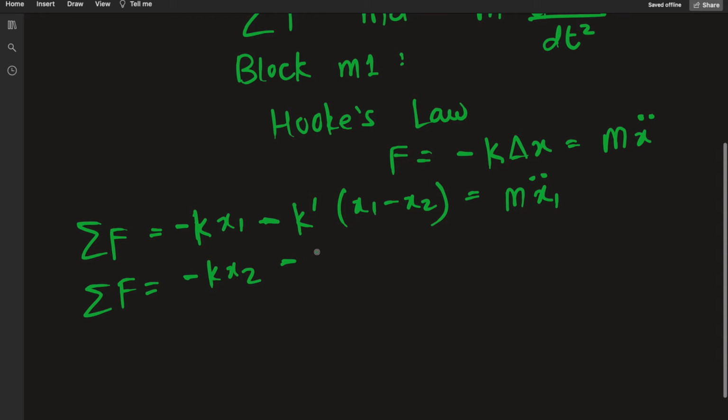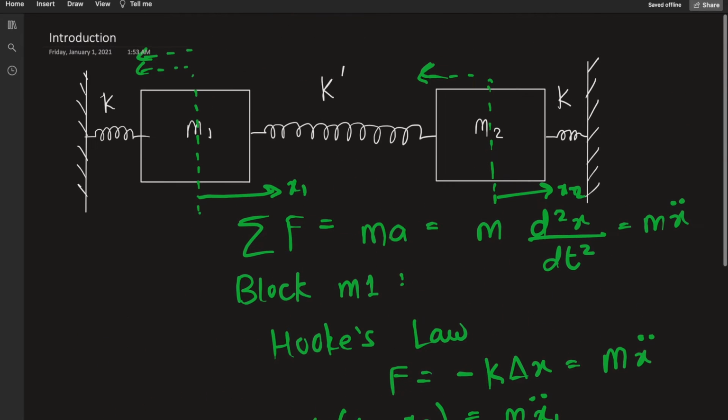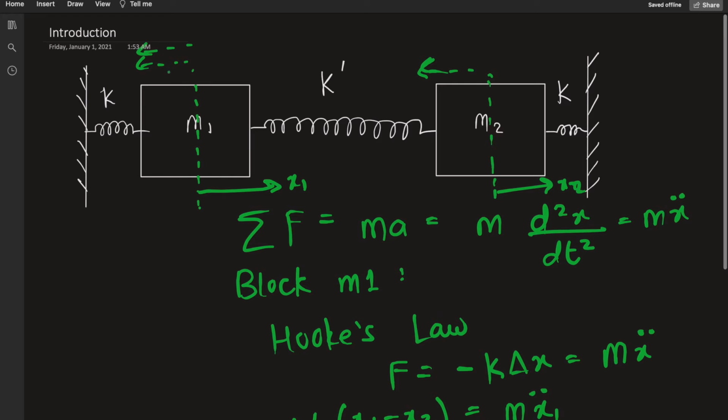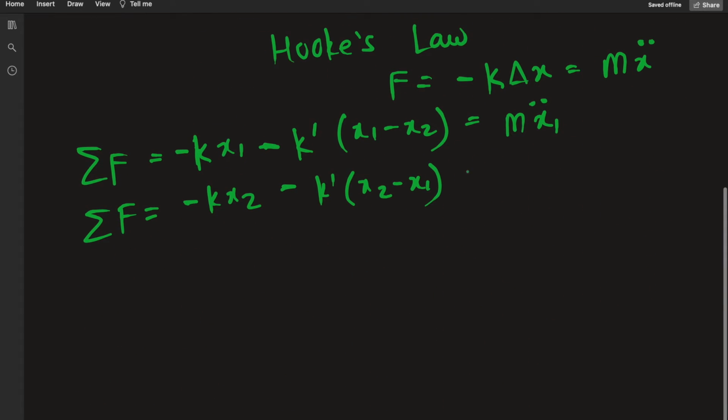And then a similar thing for the k prime, except we have k prime times x2 minus x1, because if this feels a force directed to the left, this will feel a force directed to the right, and the signs flip basically. And that by the second law of motion is, this is m1 and this is m2, forgot to write the masses, m2 x2 double prime. Fine, we have these two equations.